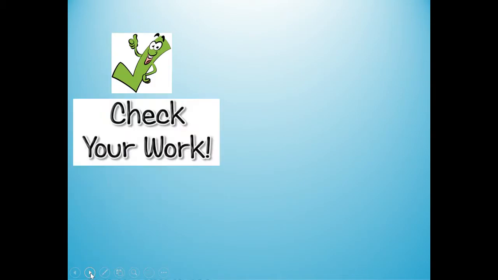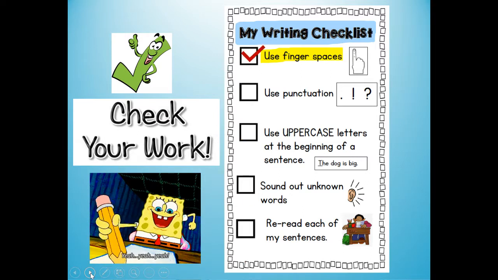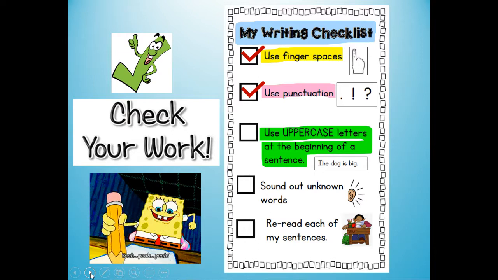All right, it's time to check your writing. Don't forget, look at each of your sentences. Make sure you have everything from your writing checklist. Did you use finger spaces between each of your words? Did you put a period at the end of each of your sentences? Did you use uppercase letters or capital letters at the beginning of each of your sentences or for names?